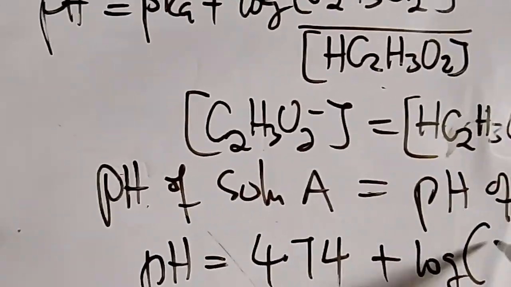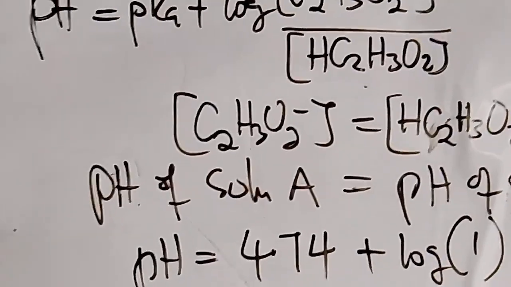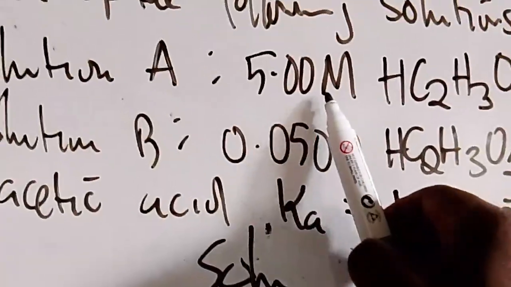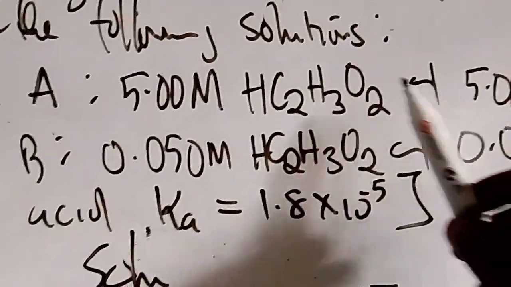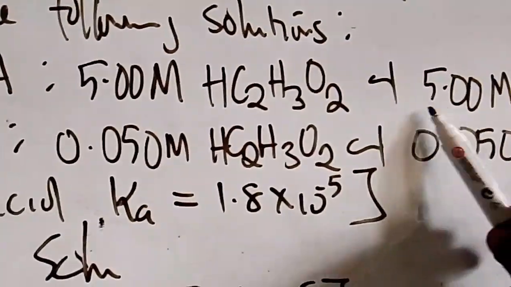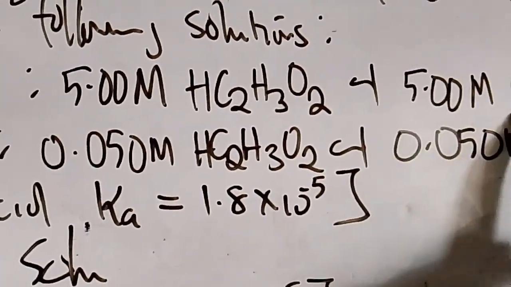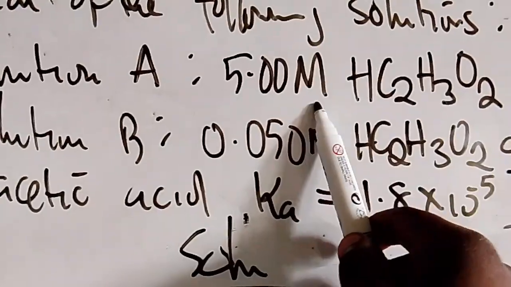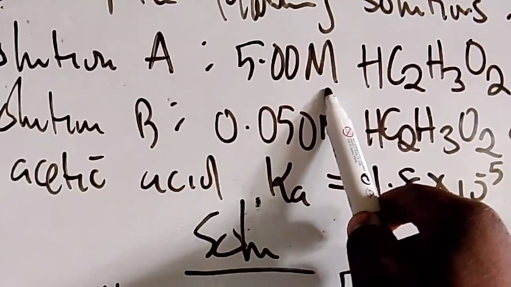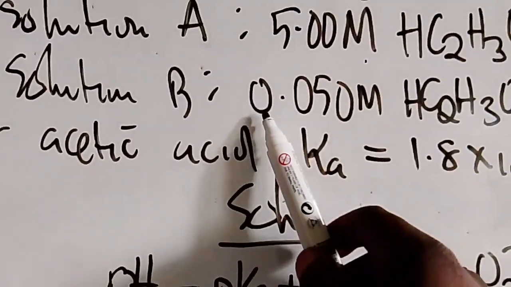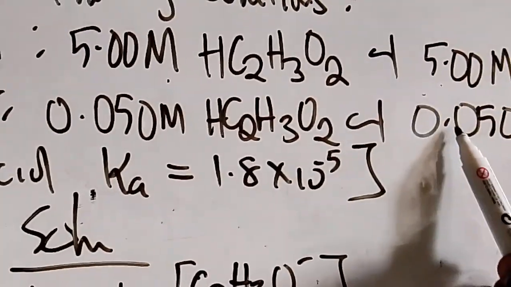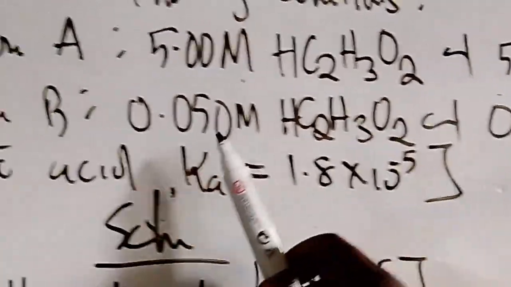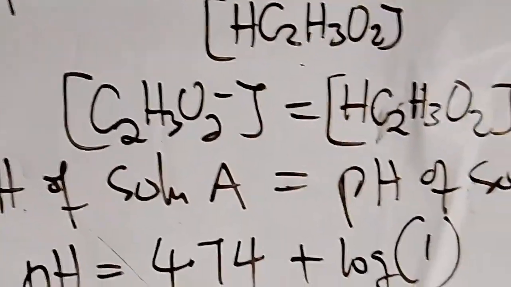Then plus log. In both cases, the ratio is giving us 1. If you divide 5.00 molar over 5.00 molar, the salt of the conjugate base over the acid, you are getting 1 in the first solution, solution A. Then again, when you divide 0.05 molar over this, you are getting 1.